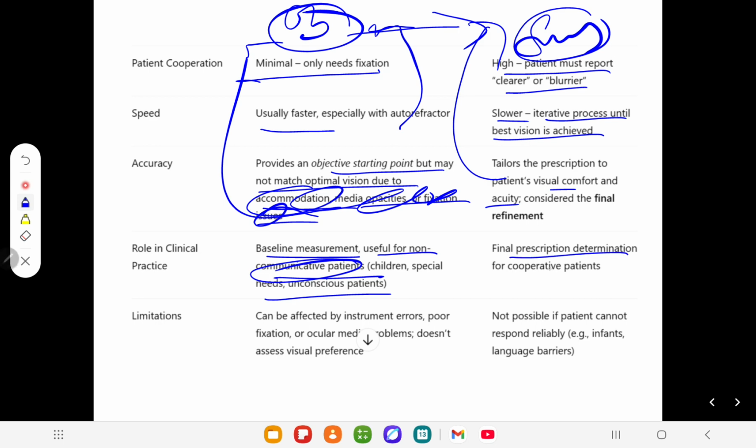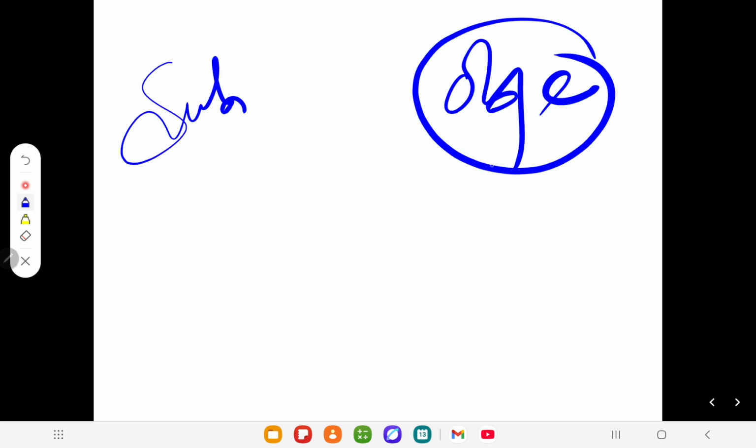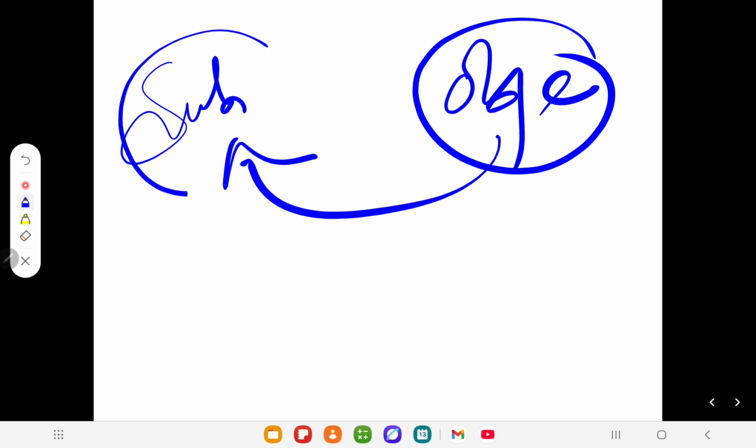The final prescription is determined with the patient's cooperation. Limitations: it can be affected by instrument error or other things, and it is not possible with a patient without a response. Those are the limitations. So that's subjective refraction and objective refraction. Objective refraction is a good starting point of subjective refraction.